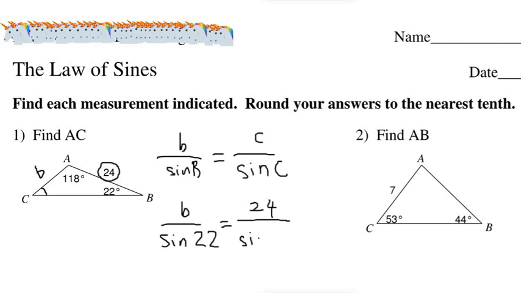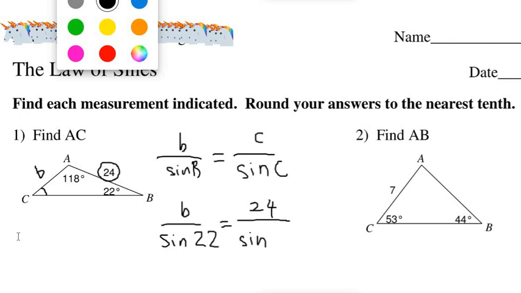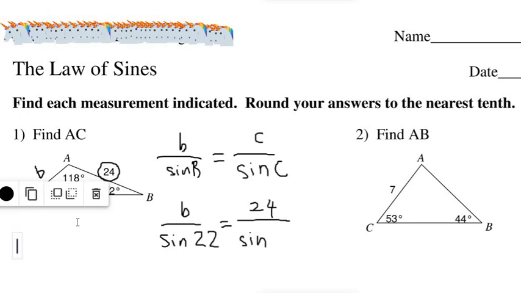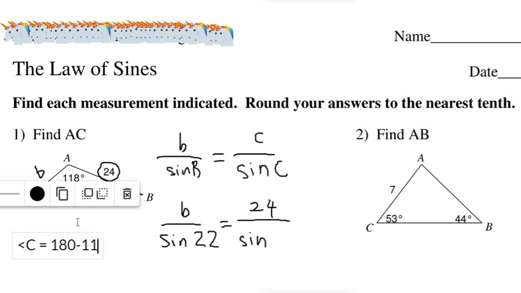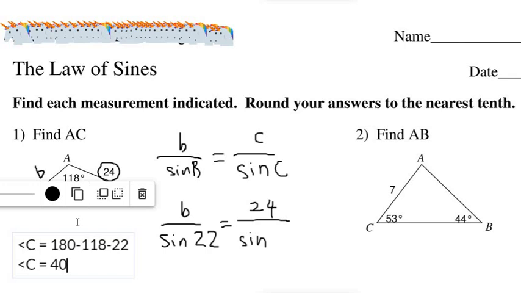Now the angle C is not mentioned, but we can easily figure out what angle C is going to be because we know the other two angles. So angle C will be 180 degrees take away the other two angles, and that gives us 40.